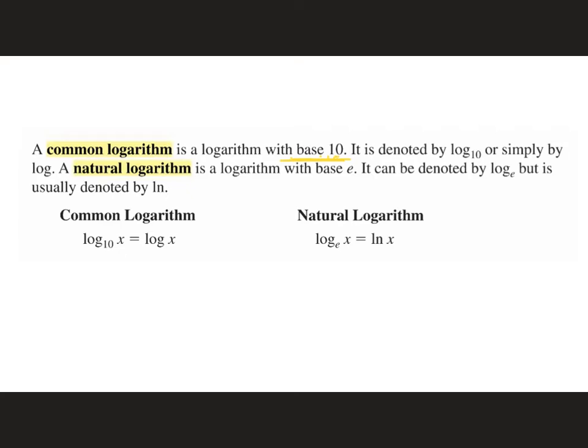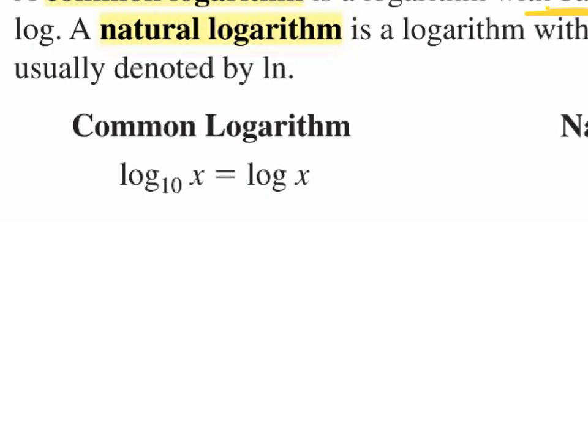So calculators can only do the common logarithm, which if we have a common log, you don't even need to write that base 10. You could just write it as log of x. So when you write log of x, it's assumed that your base is 10 because you have a common log.